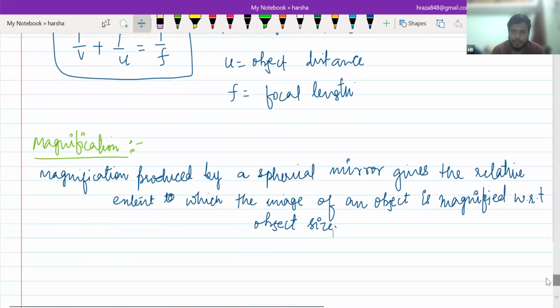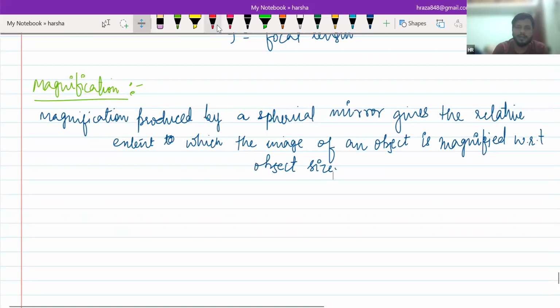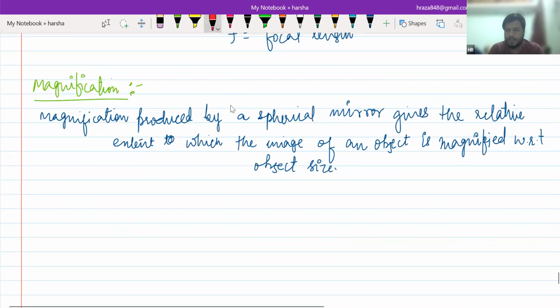Yes, sir. So basically what I was telling you is that magnification is the magnification produced by a spherical mirror. It tells about the image size, how much larger or smaller than the object size.